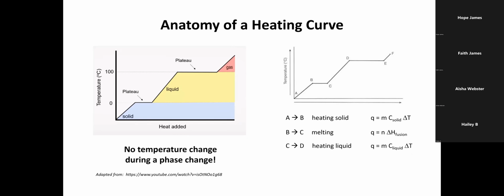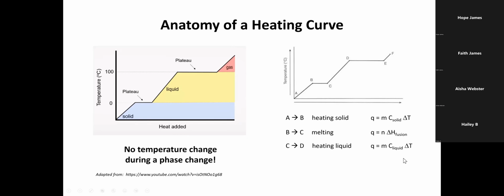So our heat capacity, our specific heat, has to be for the liquid. So again, when we look these up, if we're looking at data tables or reading a problem, we need to make sure we get the right information in the right place, times the temperature change for the liquid. So that would be the temperature change between C and D. Always the final minus the initial. So it'd be the temperature at D minus the temperature at C.